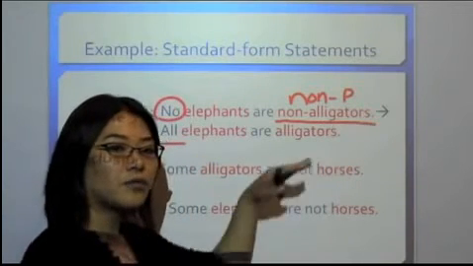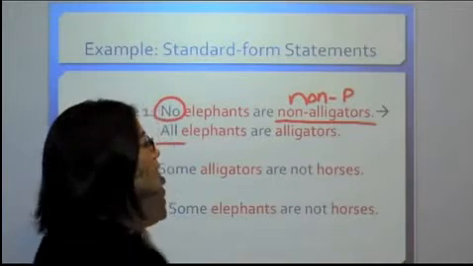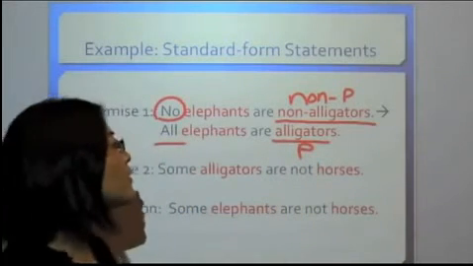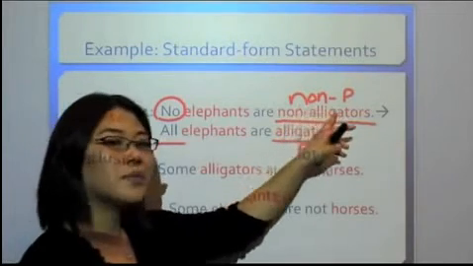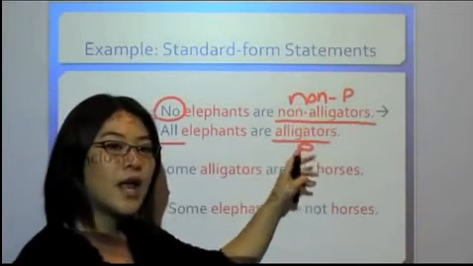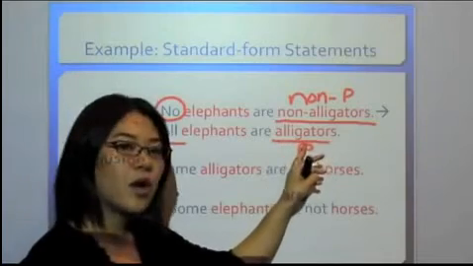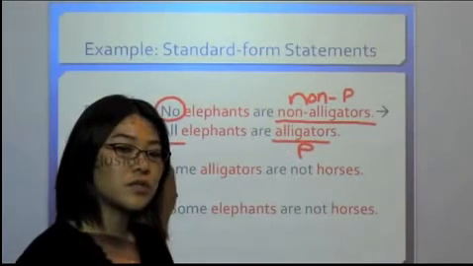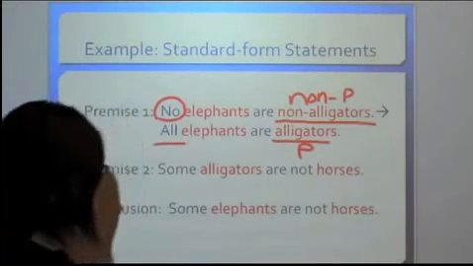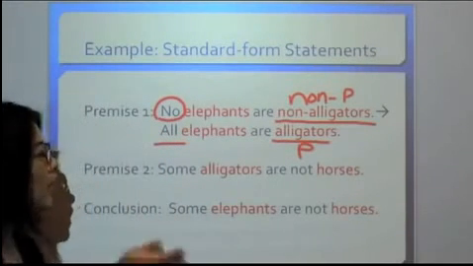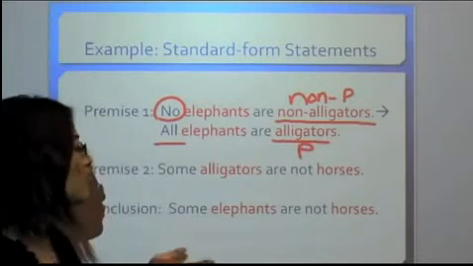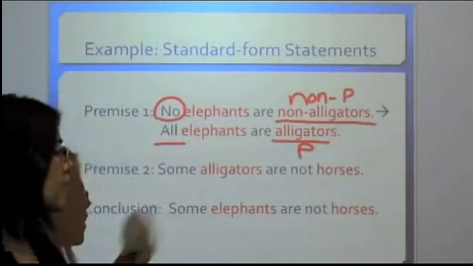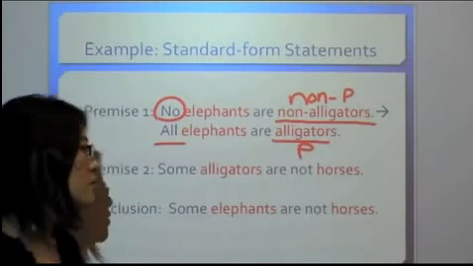Okay, and we want to replace that with its term complement, which is M, alligators, okay? So remember, non-alligators or non-M is the term complement for M, and M, alligators, is the term complement for non-M, okay? So these are related to each other in terms of terms and term complements, okay? So here then we have all elephants are alligators as our first premise. Some alligators are not horses as our second premise, and some elephants are not horses as our conclusion, okay?